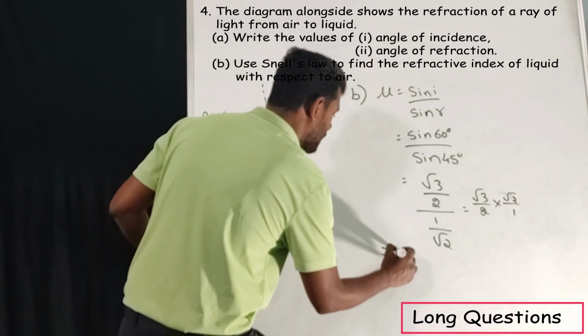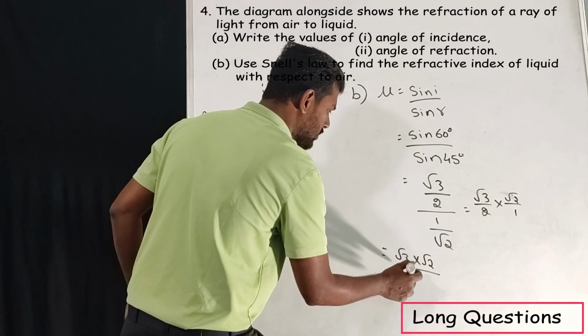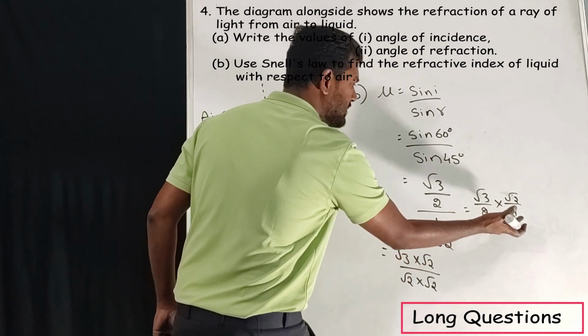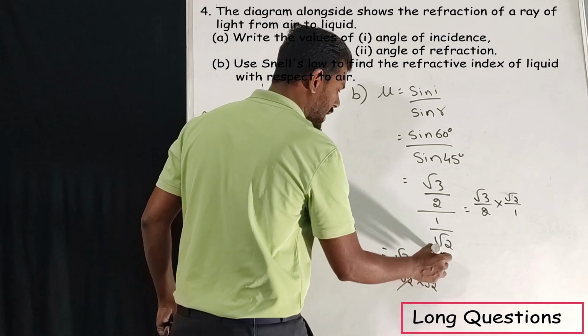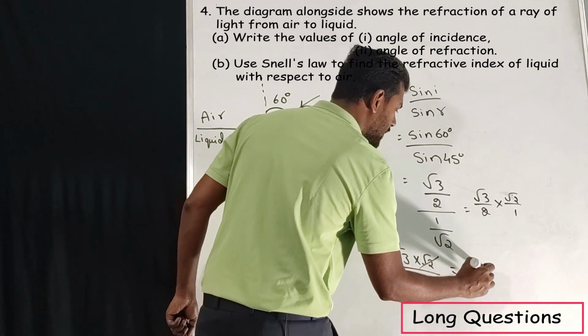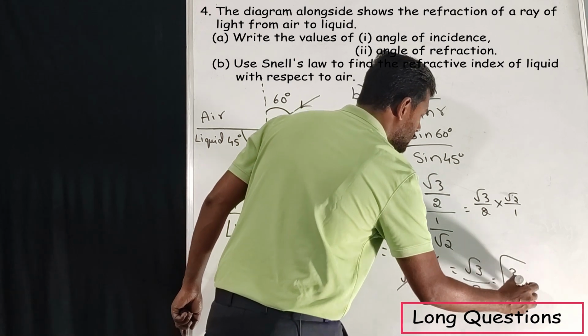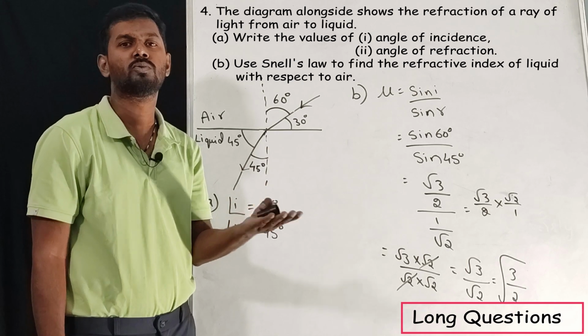See, root 3 into root 2. This 2 I can write as root 2 into root 2, so I can cancel. So the answer will be root 3 by root 2, that is nothing but root 3 by 2. If you solve that one, the answer will be 1.22.